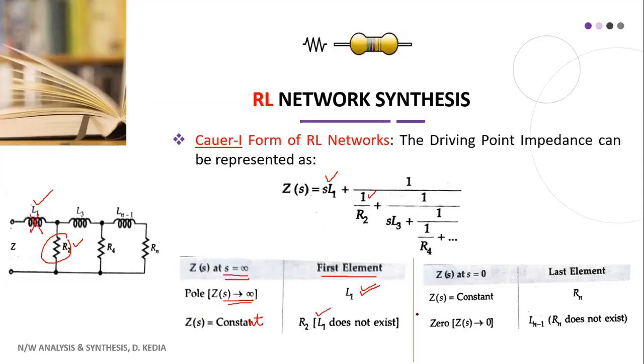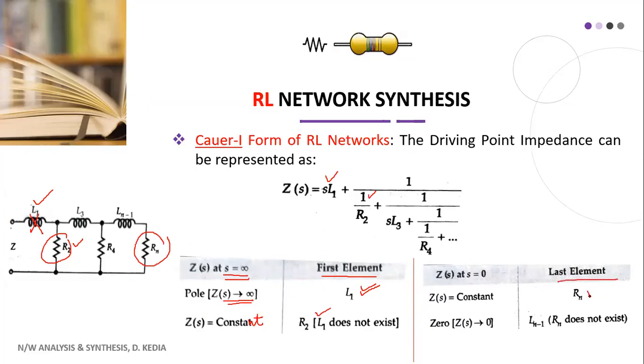So this is how we identify. You'll have to memorize this thing particularly, that in which case first element will be present, in which case last element will be present. This is a bit confusing. So practice will make you perfect in this direction. So now let us look at the last element. Last element is Rn.